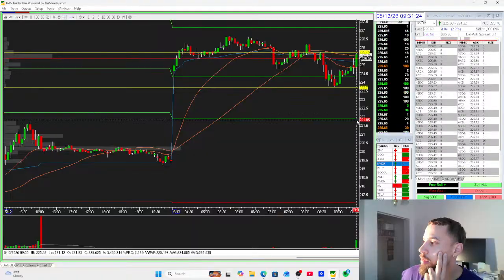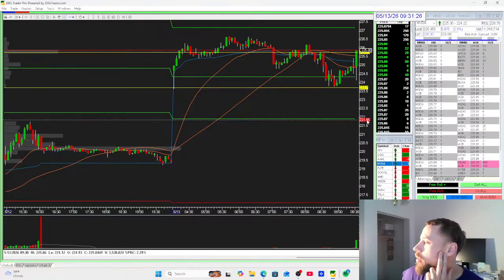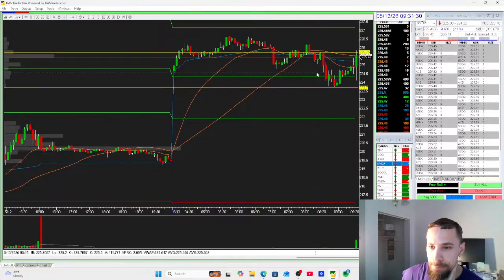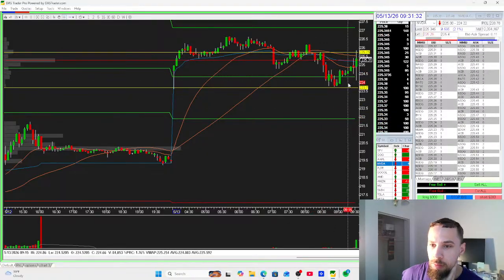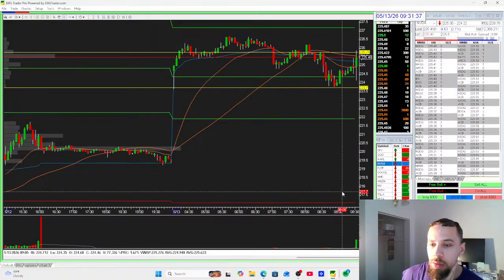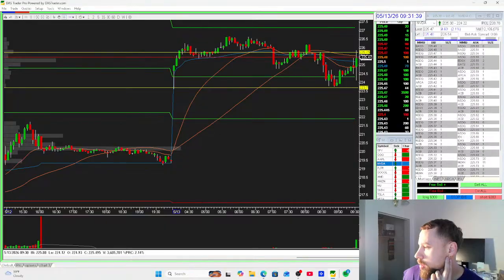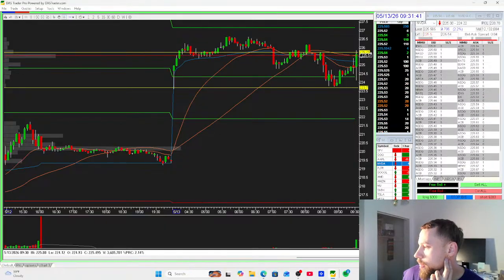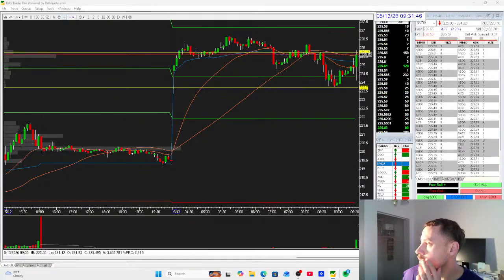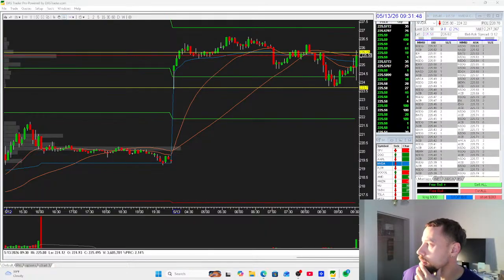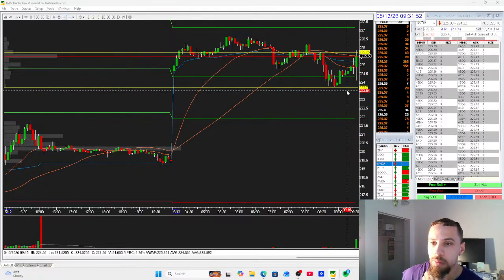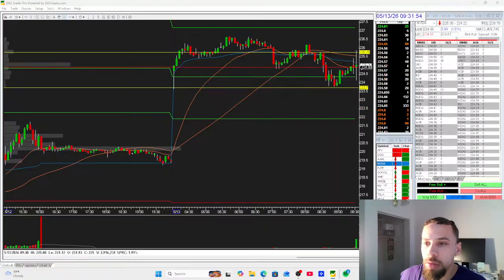SPY, QQQ selling off a little bit here. A lot of volume, 3.8 million shares right now. Not really going anywhere yet for Nvidia.